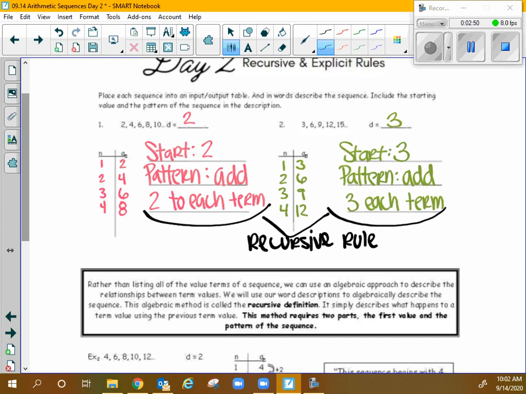Our recursive rule mathematically tells us where am I going to start and how am I getting to the next term. So our recursive rule actually doesn't help us get to, let's say, the 100th term, because you would have to sit there and add 2 and add 2 and add 2 100 times, right? But our recursive rule just explains where do you start, what's the pattern.